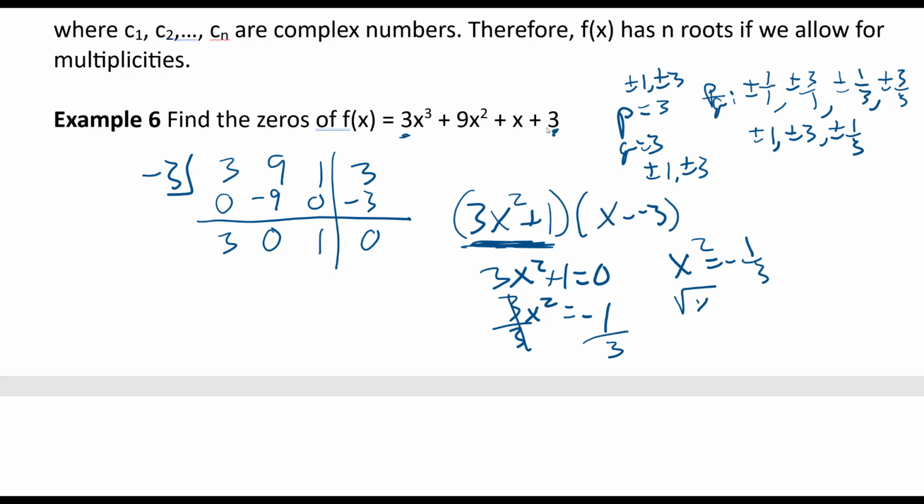And we take the square root: x equals plus or minus the square root of negative 1/3. So we have x equals plus or minus the square root of negative 1, which is i, over the square root of 3. And if we rationalize that, it's plus or minus i root 3 over 3.